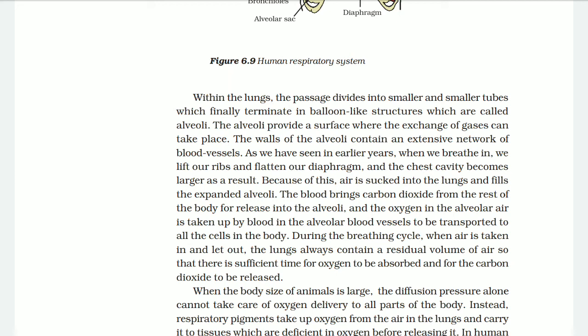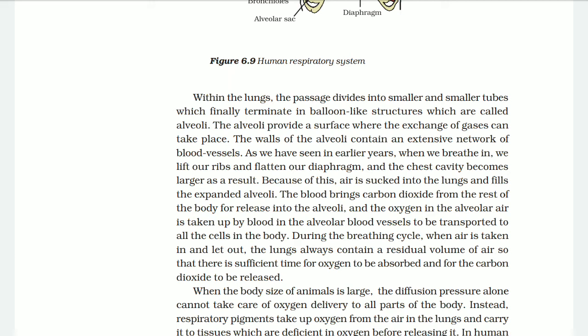The walls of the alveoli contain an extensive network of blood vessels, as we have seen in earlier years. When we breathe in, we lift our ribs and flatten our diaphragm, and the chest cavity becomes larger as a result. Because of this, air is sucked into the lungs and fills the expanded alveoli.